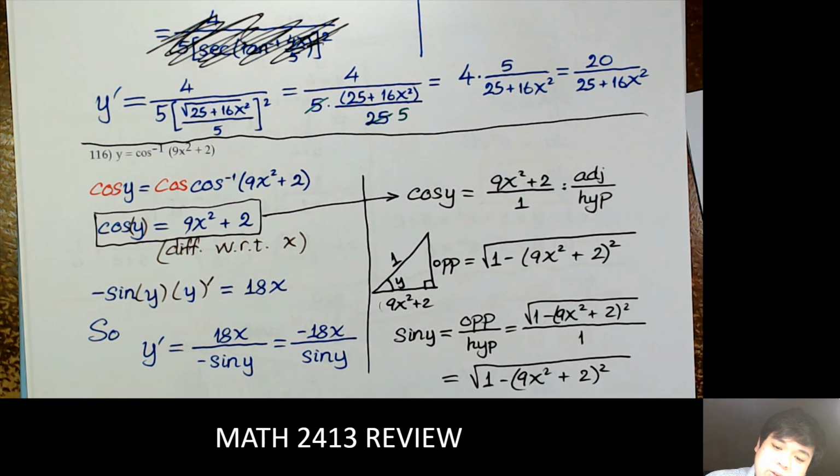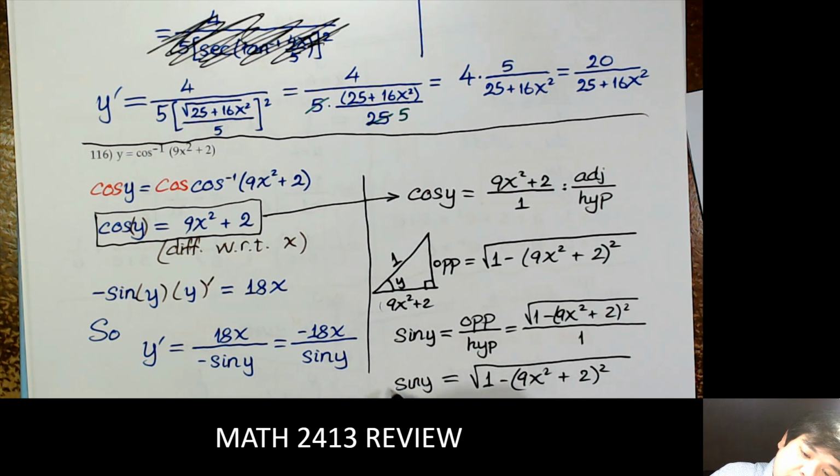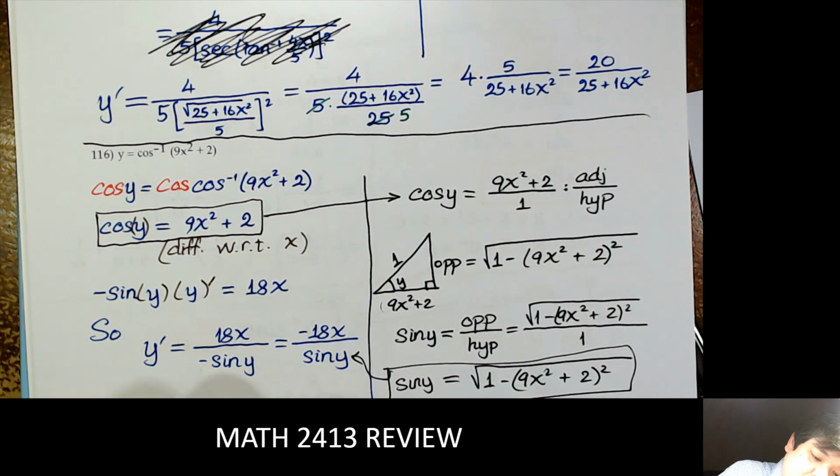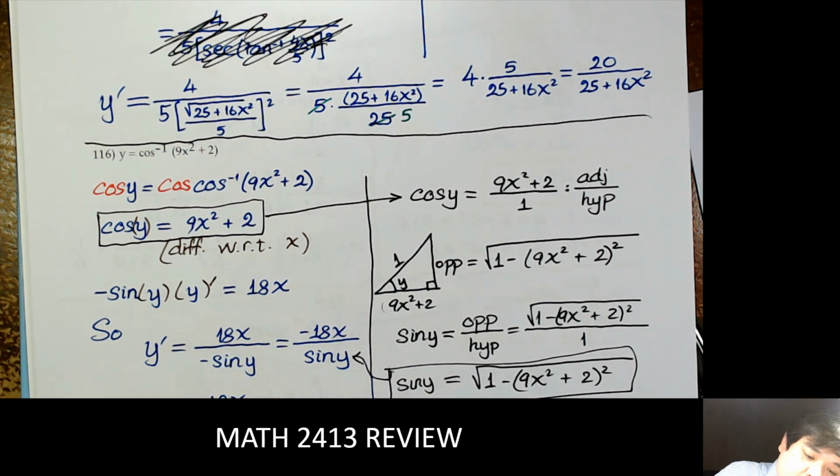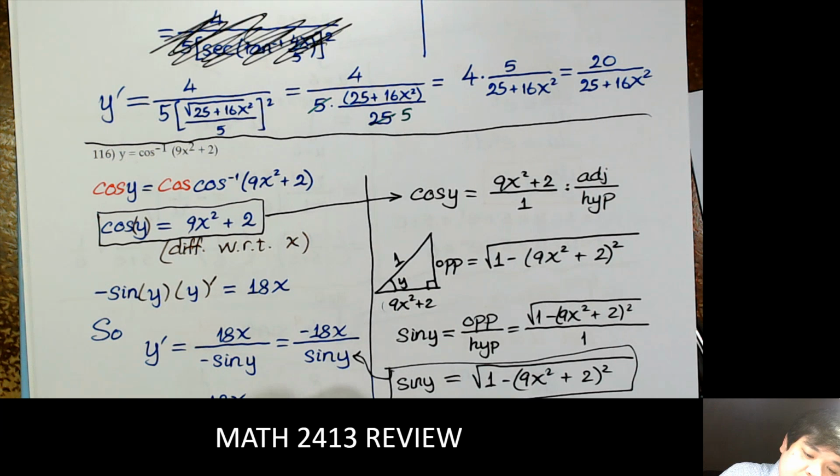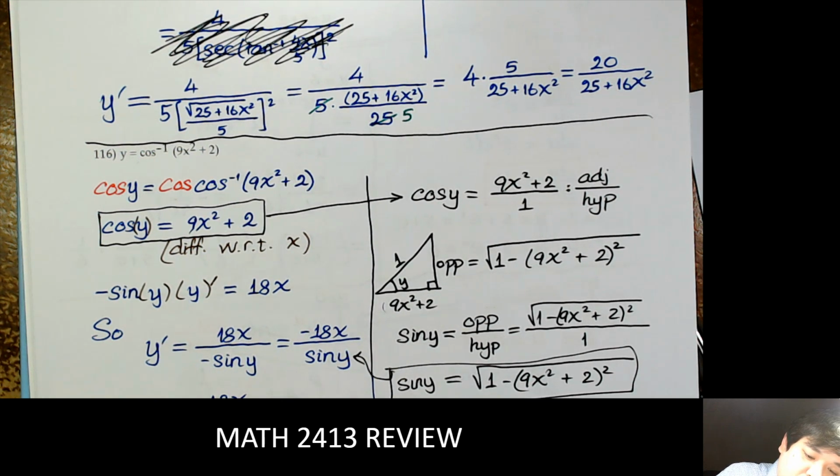And then we substitute in for sine y. So y prime equal to negative 18x over square root of 1 minus 9x squared plus 2 square. Sorry.